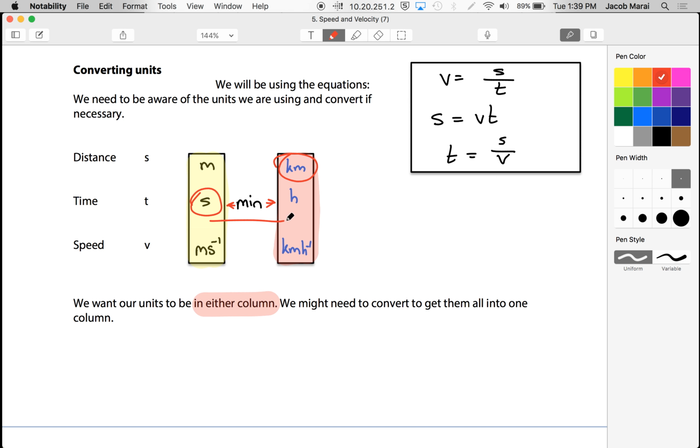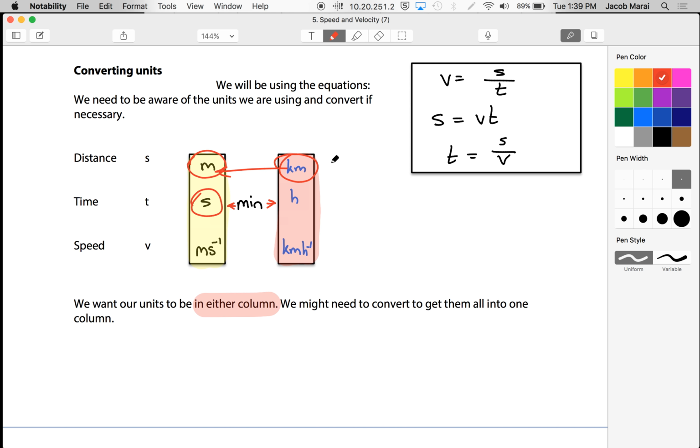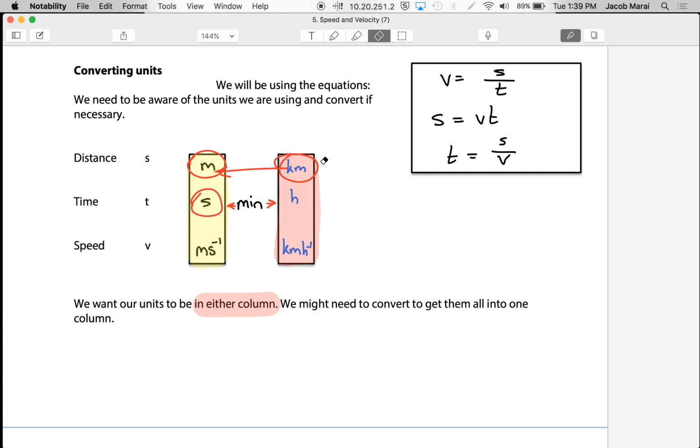I could convert my time into hours, and then my speed would be in kilometers per hour. Or I could convert my kilometers to meters. And then what would my units of speed be? Meters per second. Okay? So that's the issue. Sometimes you will be given a unit that doesn't fit. You've got to make sure that everything is in either column.